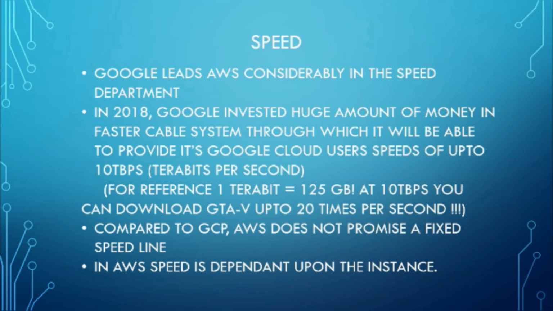Now, imagine how many times you can download and play GTA 5 on your computer. Just imagine that. Compared to GCP, AWS does not promise a fixed speed line. In AWS, speed is dependent upon the instance which we use. We'll see about the instance in the coming lectures.